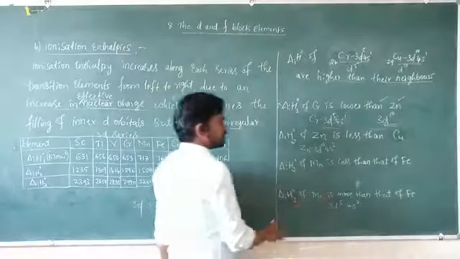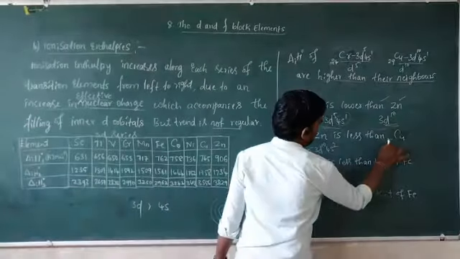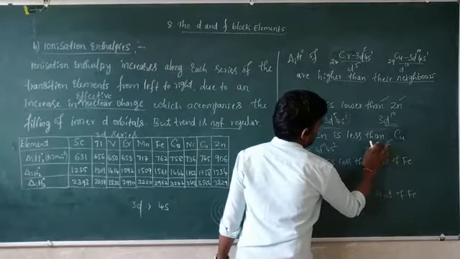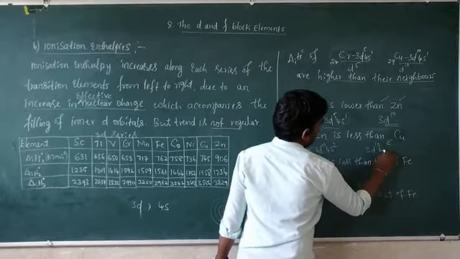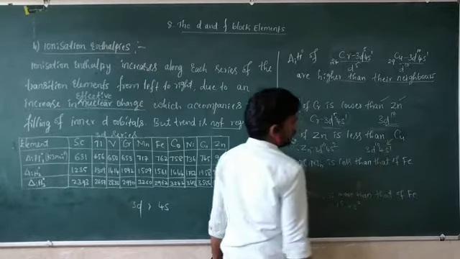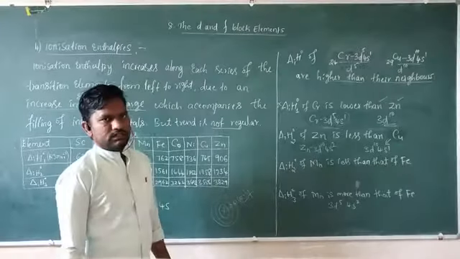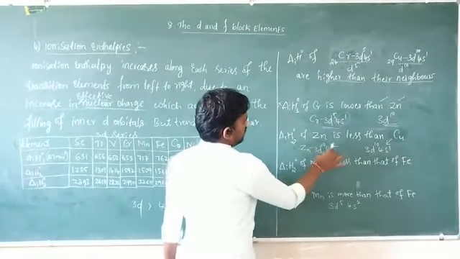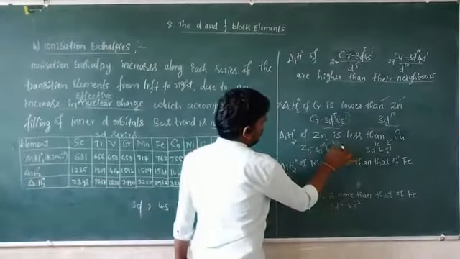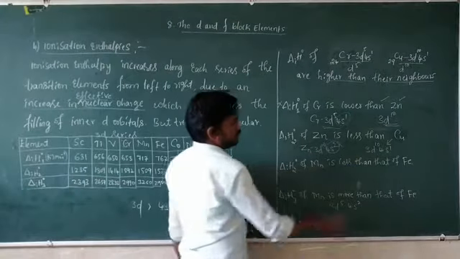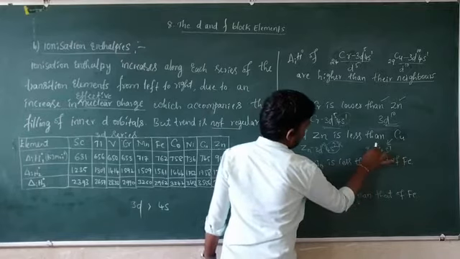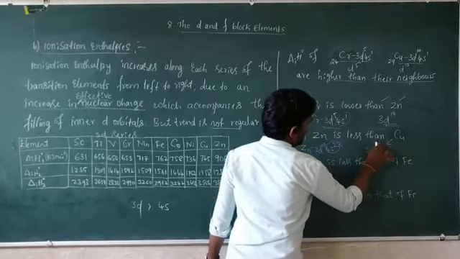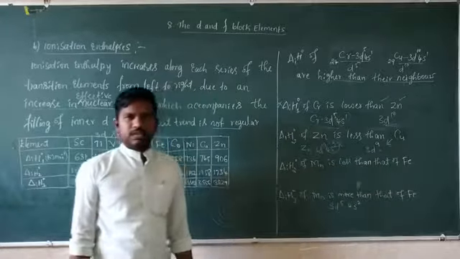And for copper, 3d10 4s1. If you remove 2 electrons, because it is second ionization enthalpy, these 2 electrons will be removed: the 4s1 and 1 electron from the d, so it forms 3d9.